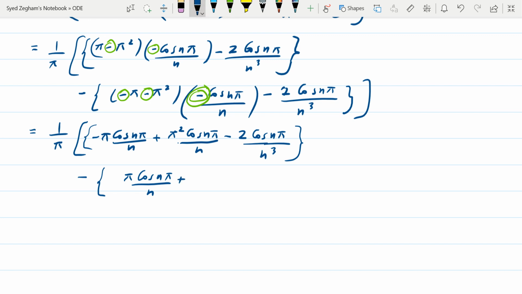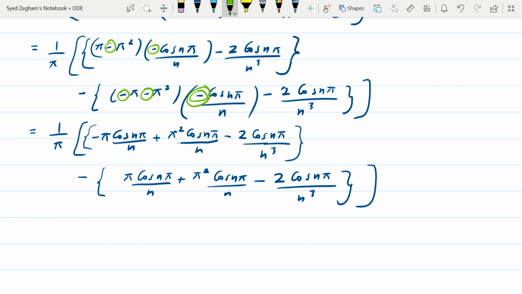So this becomes plus pi square cosine n pi divided by n, and the third term remains as it is, minus 2 cosine n pi divided by n power 3. Then if you see now, lot of cancellations will happen because we have a minus sign here, right?